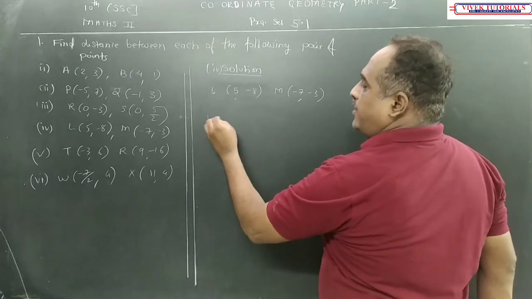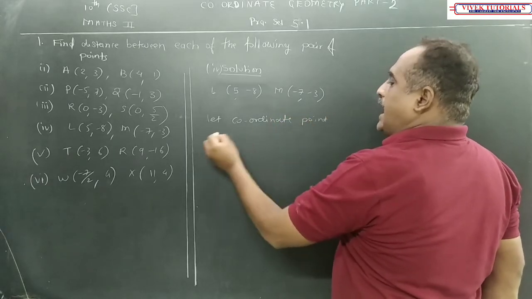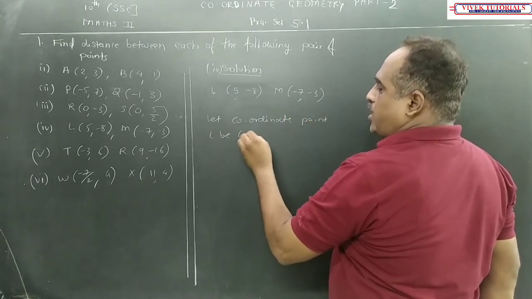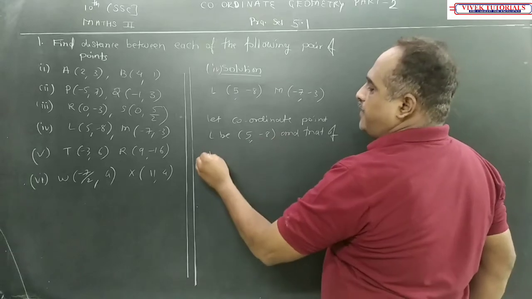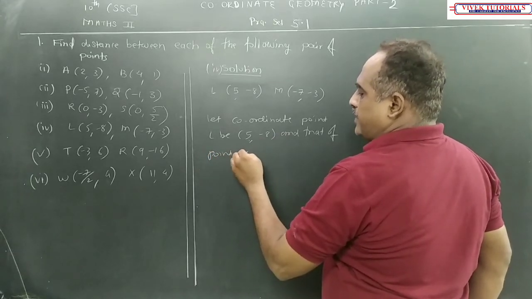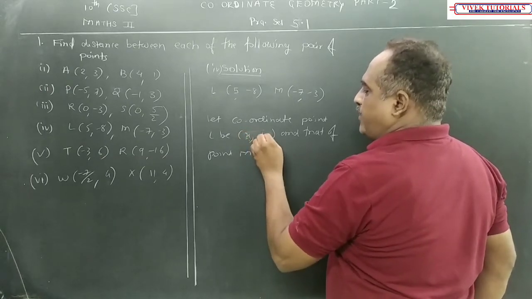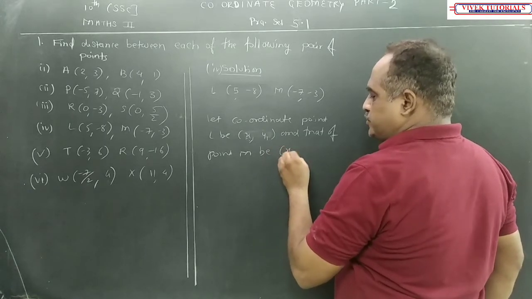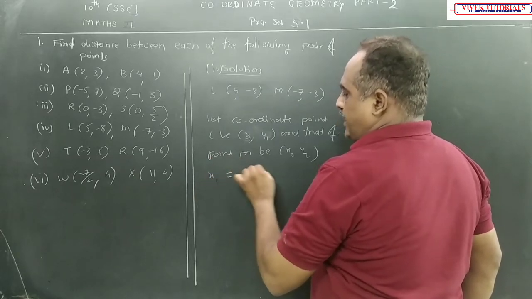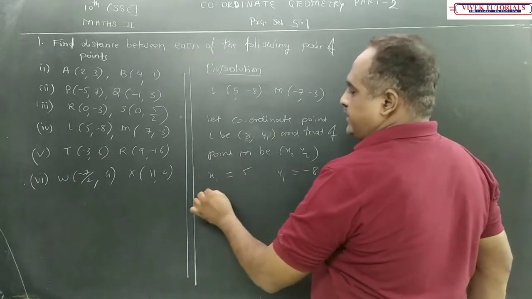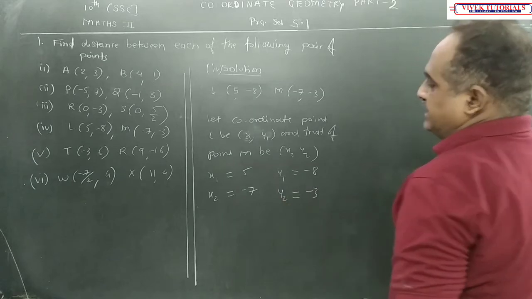Okay. Let the coordinate of point L be 5 comma minus 8 and that of point M be, oh sorry, I made a mistake. What I would write? x1 y1 and x2 y2. Correct? So what is the value of x1? 5. y1 minus 8. x2 minus 7. y2 minus 3.